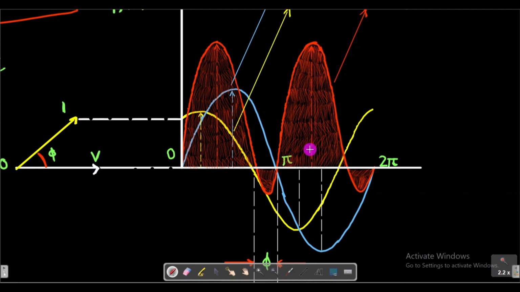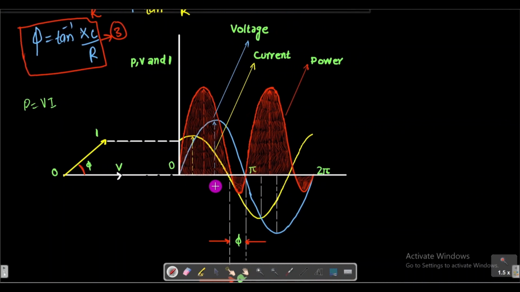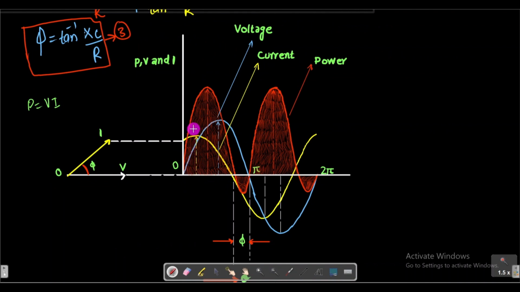And in this region we have the current positive and the voltage negative. If we multiply this positive with the negative, the result will be negative. So the power is negative here. From here we conclude that the power is positive in this region, negative in this region, and again positive and then negative.